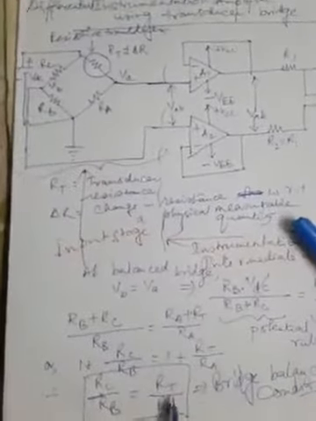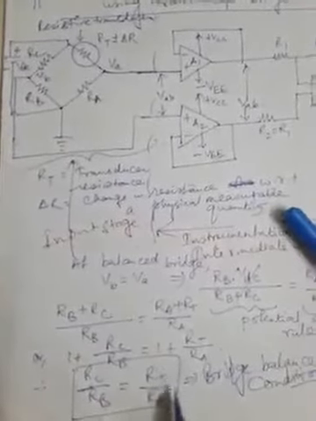Now if RT becomes RT plus minus delta R, we cannot say this condition will hold. So then we will write RC by RB is not equal to RT plus minus delta R divided by RA.